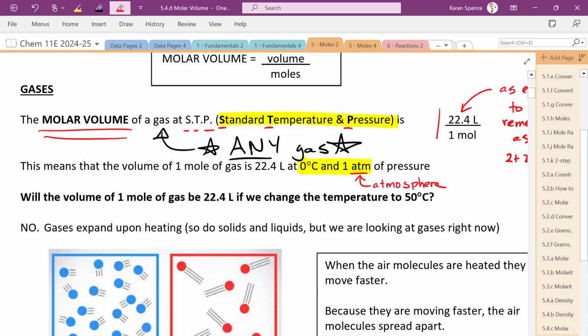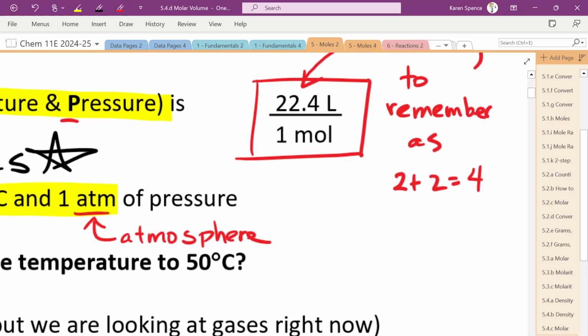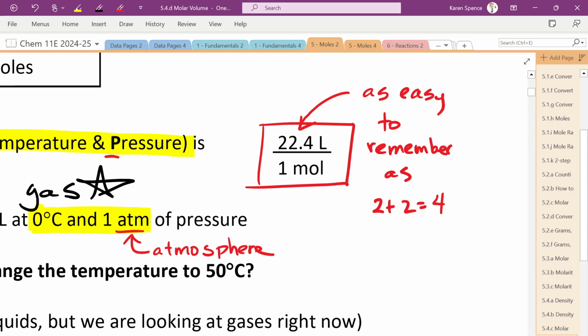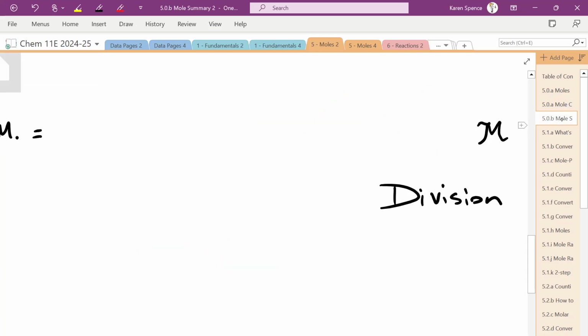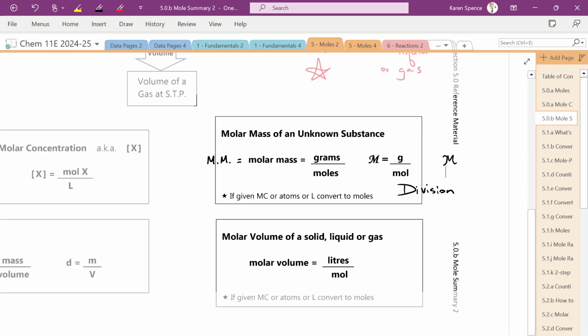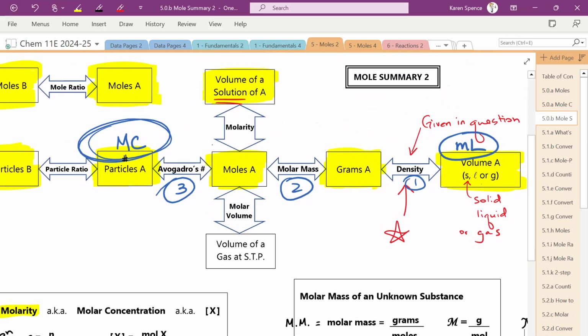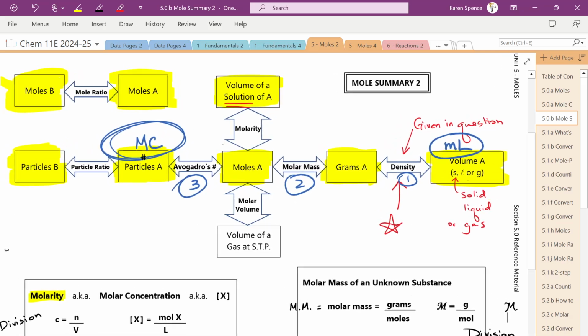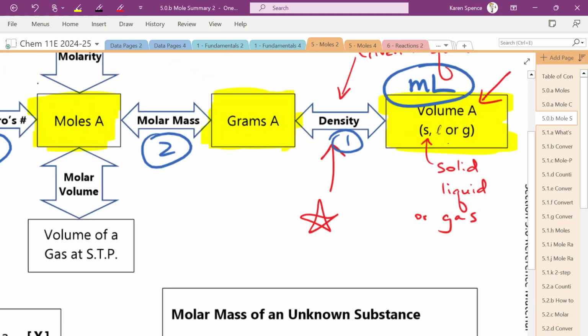And guess what this number is now going to be? 22.4 liters per mole. We now have another conversion factor. Let's go look at our mole sheet again, your yellow sheet. You remember we had gotten to density, we've got volume of A, which could be a solid or a liquid or a gas.